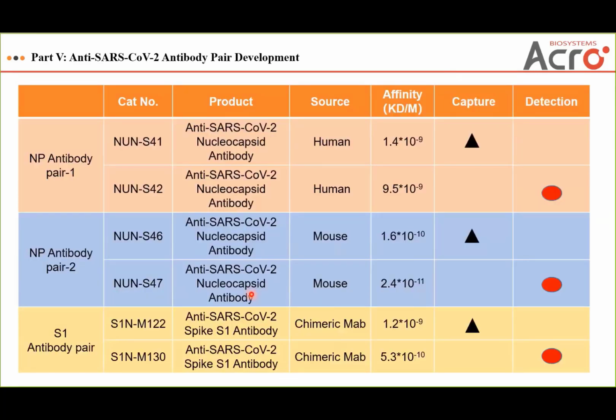ACRO's anti-SARS-CoV-2 S1 and N-protein antibody pair has been launched for antigen detection test development. The affinity of each antibody bound to the antigen and the recommendation for capture and detection used in ELISA assay is shown here. Please contact us for more detailed information.